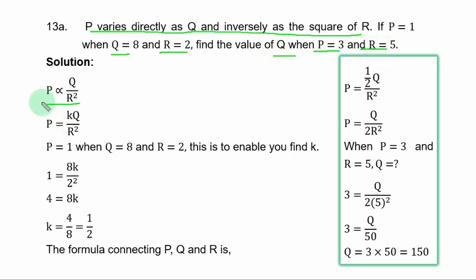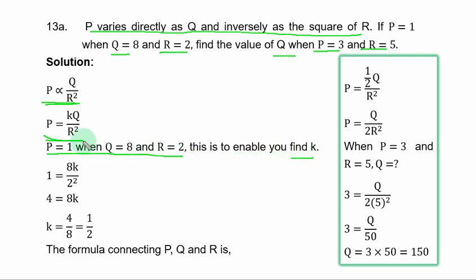Now, after the interpretation, in variation, we usually do away with the sign or symbol of variation. You introduce equality sign and a constant of variation that multiplies the right hand side. That is what you have here.